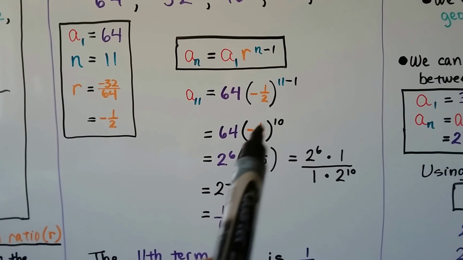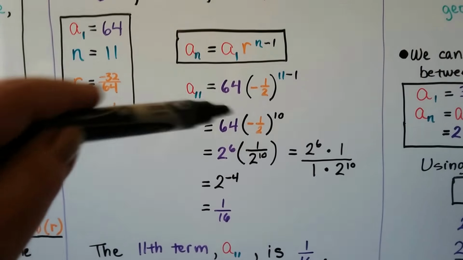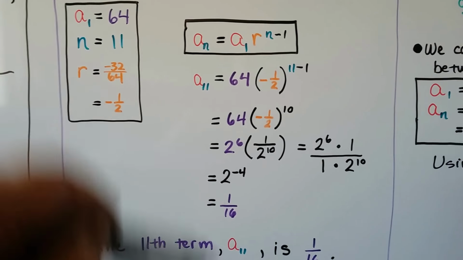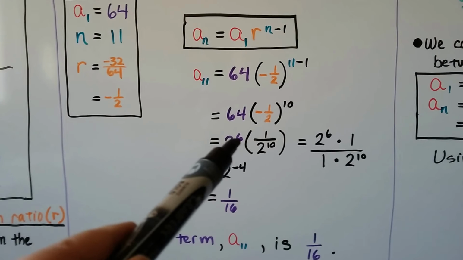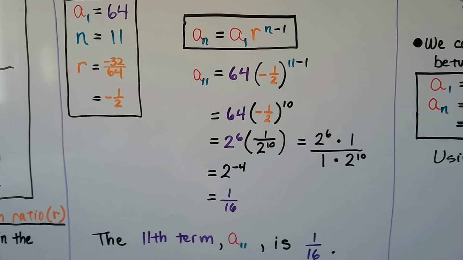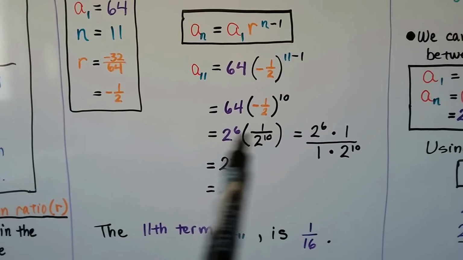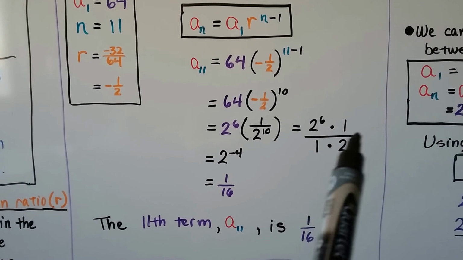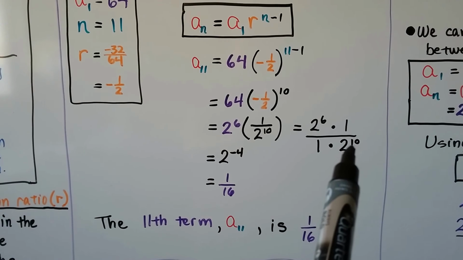This negative half to the 10th power can be written as 1 over 2 to the 10th power, can't it? 64 can be written as 2 to the 6th power. Remember how we did that at the beginning of the video? And we multiply these together, that's going to give us 2 to the 6th power times 1 divided by 1 times 2 to the 10th power.